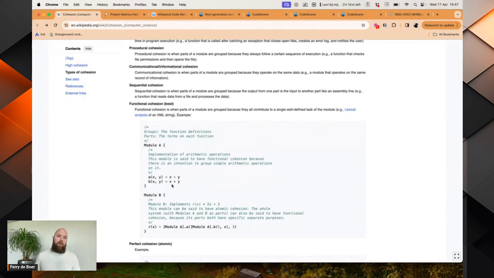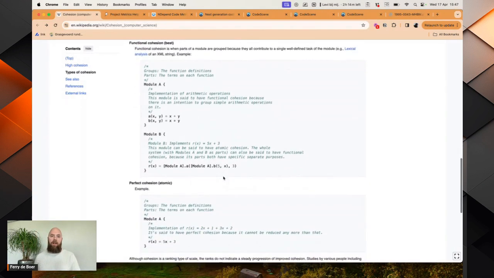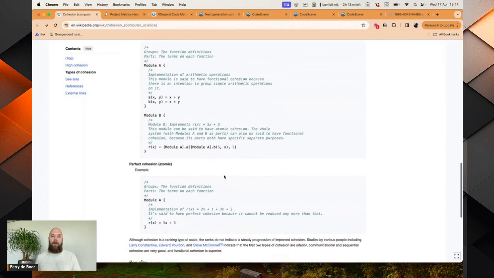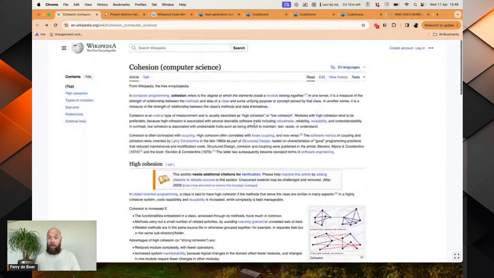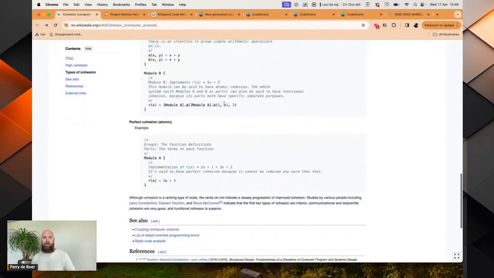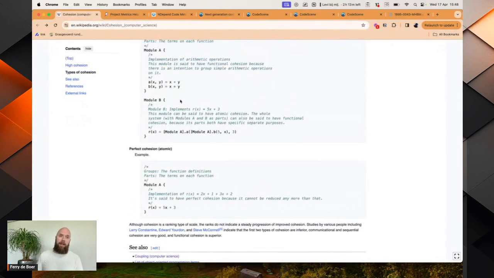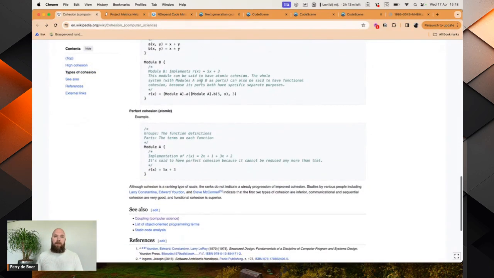So I also think this is not necessarily a very strong example to explain cohesion in the context of what they're explaining here, that it's the degree to which elements belong together, i.e. the methods and the data, because there is no data in this example. The only data is the input.